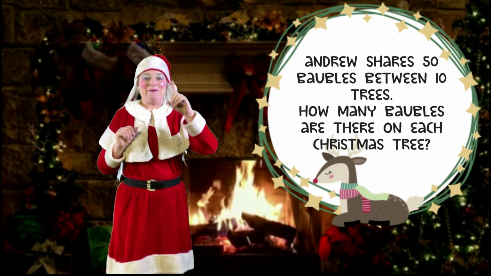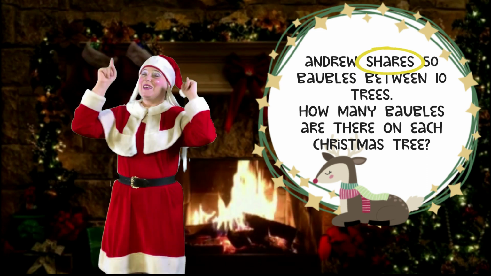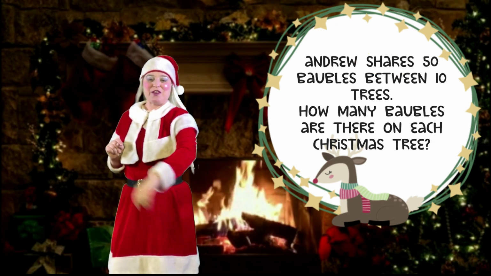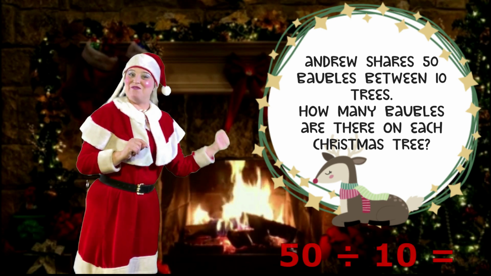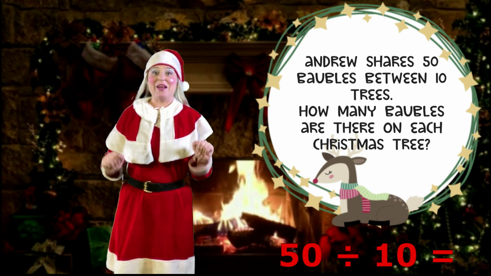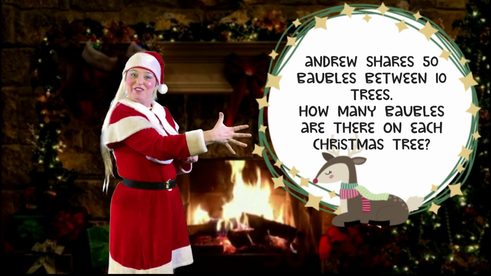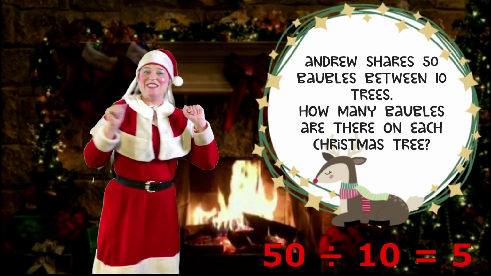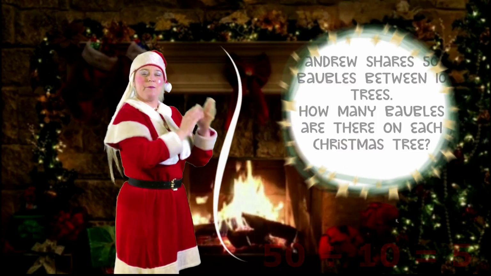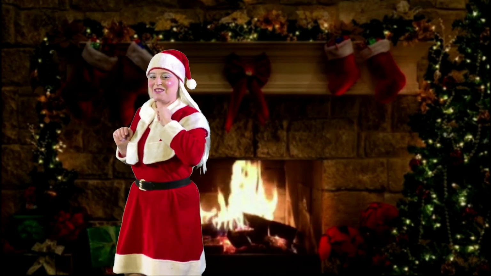It helps that we have the word shares in our problem because that tells us that it is a division. The sum you should have written was 50 divided by 10. How do we work out the answer? We counted tens. 10, 20, 30, 40, 50. 50 divided by 10 is 5. Fantastic.